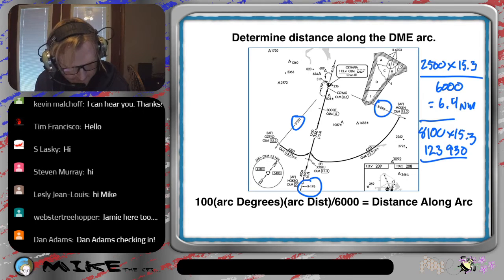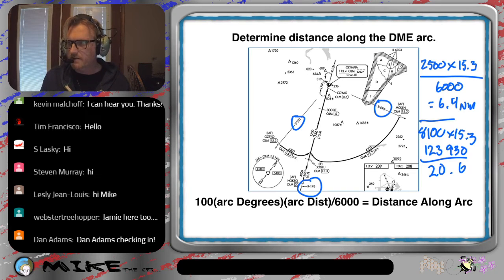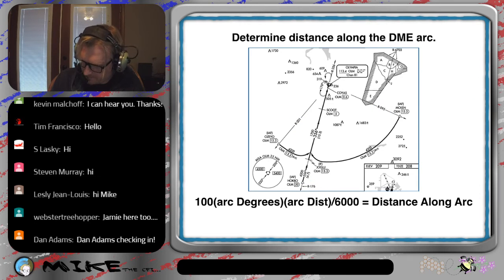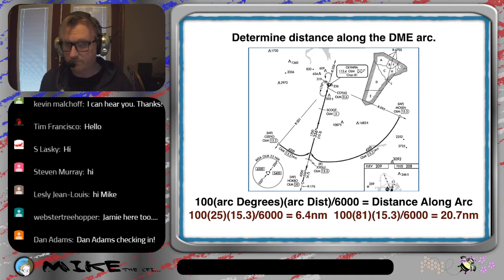If we divide that by 6,000, it's going to give us 20.6. So you can see that starts to look like some real distance when you start getting into it. All right, 20.7 nautical miles, if I rounded correctly.